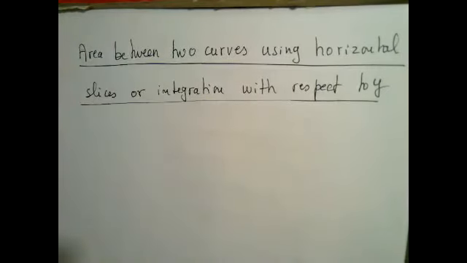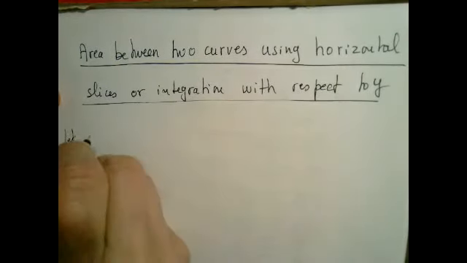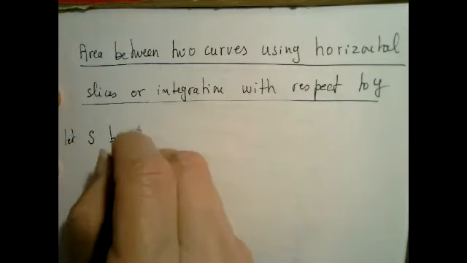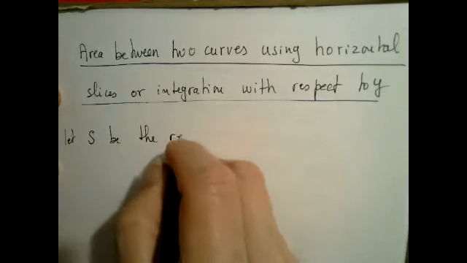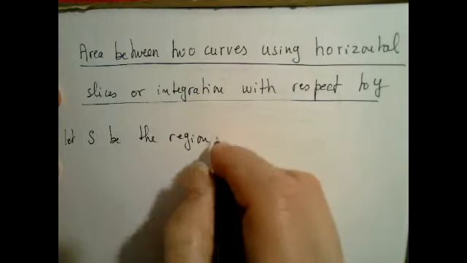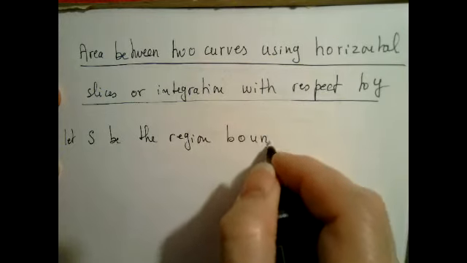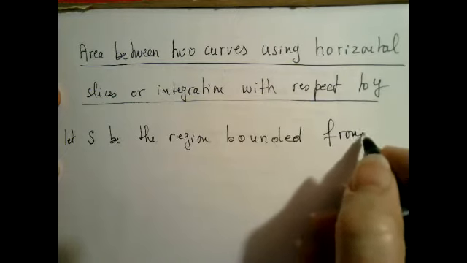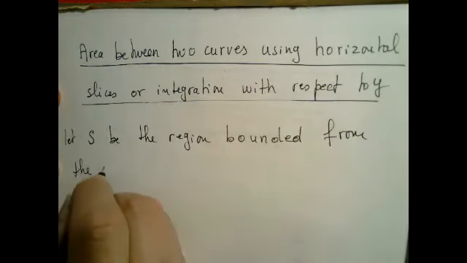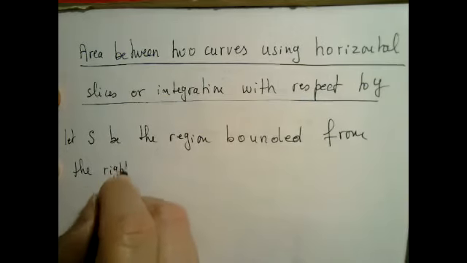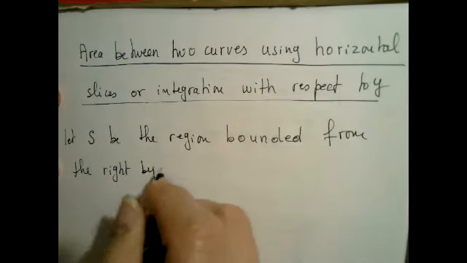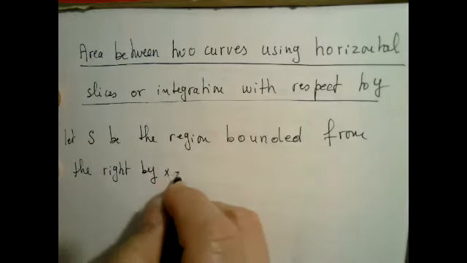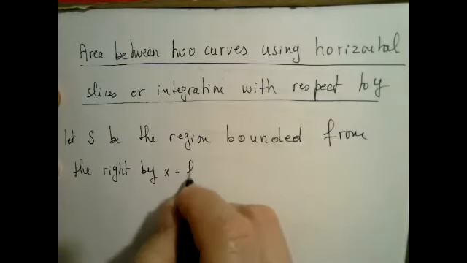Okay, so let's see what my problem is. So now I'm going to take a region. Let S be the region bounded, and see how my language is going to change a little bit now, from the right, it's not up and down, by the graph of x equal f of y.